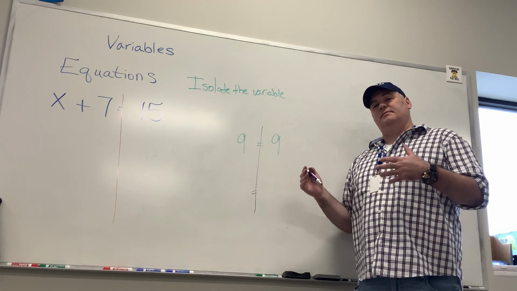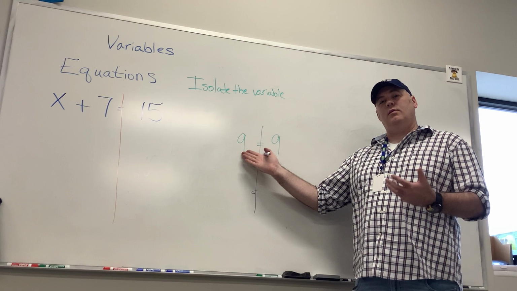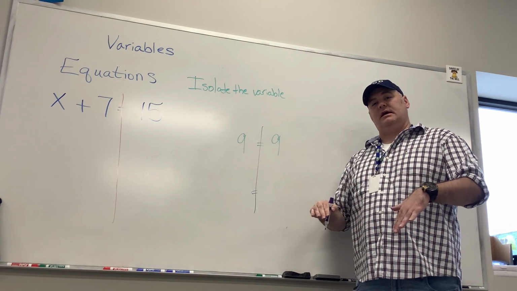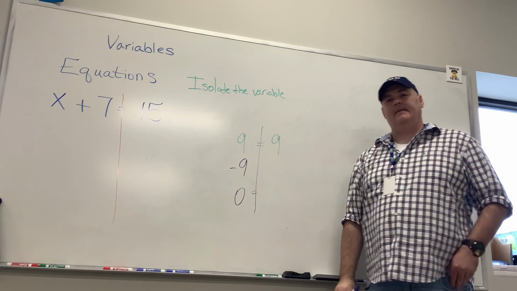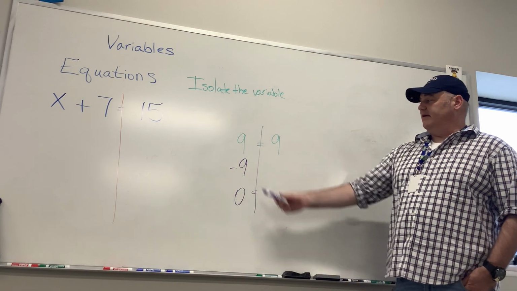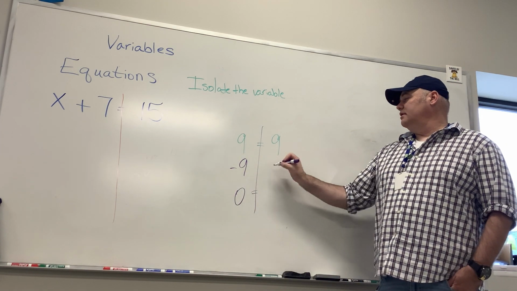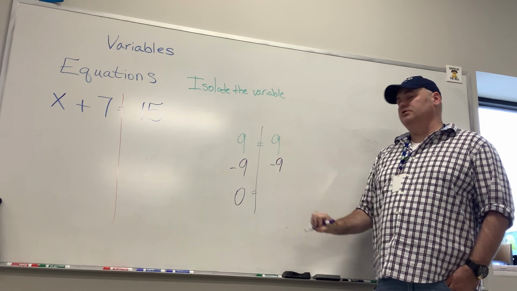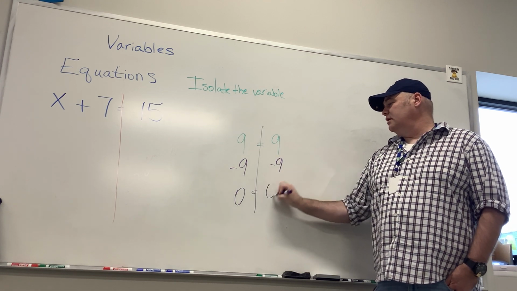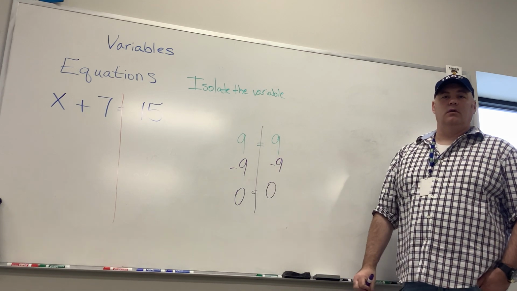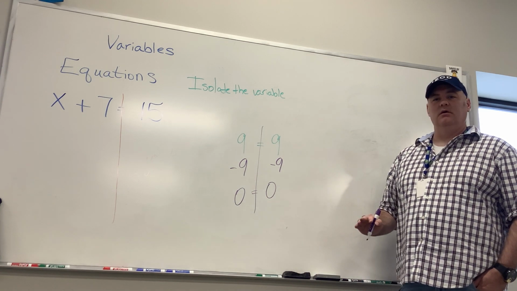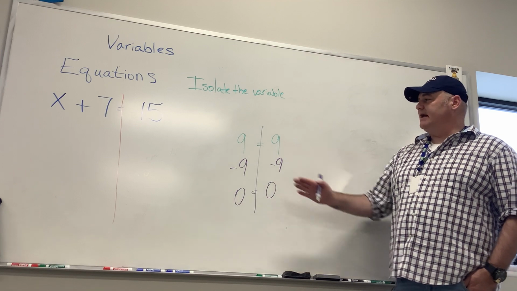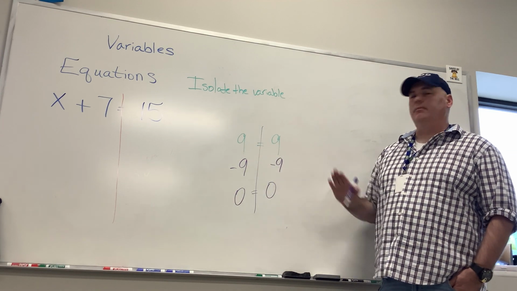What would I need to take away from that 9 to get it down to 0? Well, I'd have to take away 9. And if I do that over here, then the only thing that's going to keep this true is to do the same thing over here. Now, that's if you're working with a number and a number.